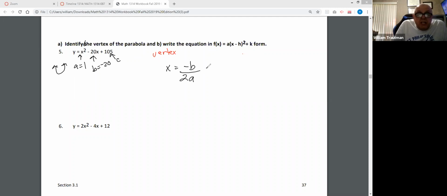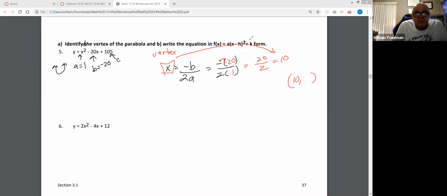So negative b divided by 2 times a. B is negative 20, and a is 1. Negative, negative here is a positive. 2 times 1 is 2. So our x value of our vertex is 10.